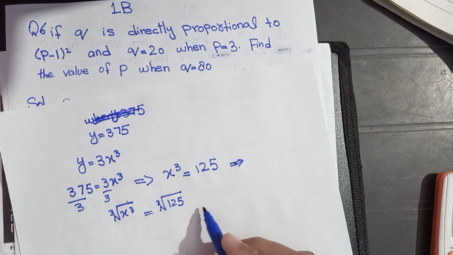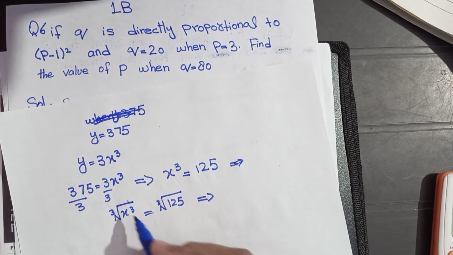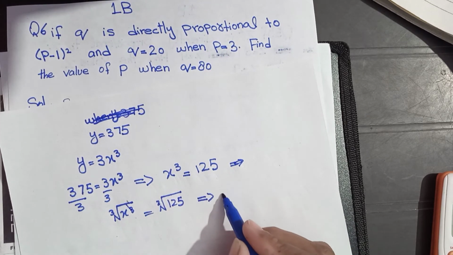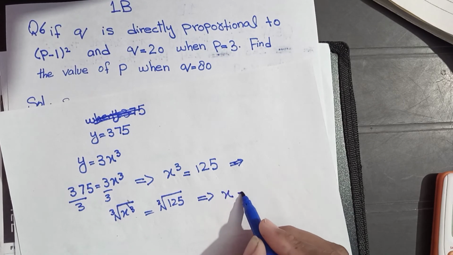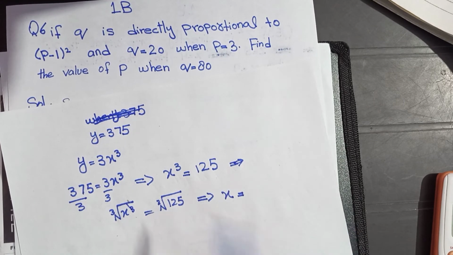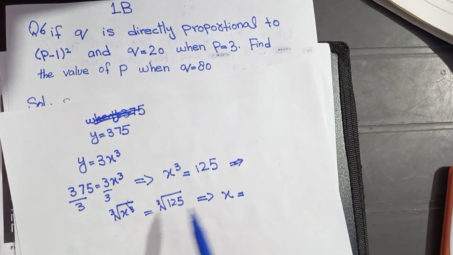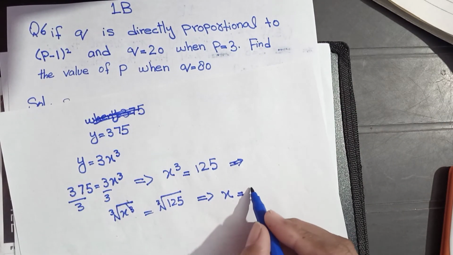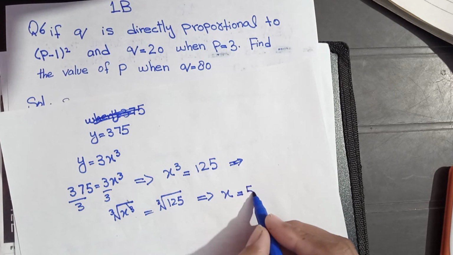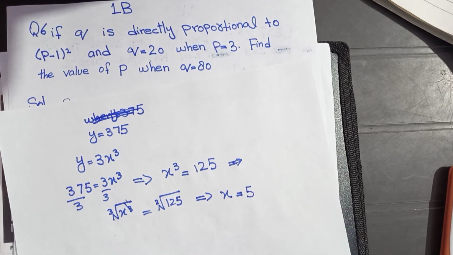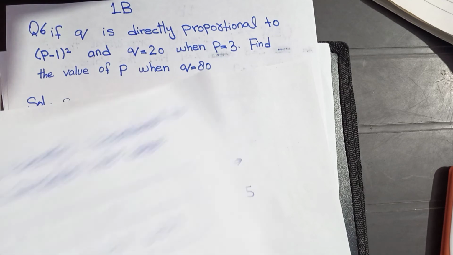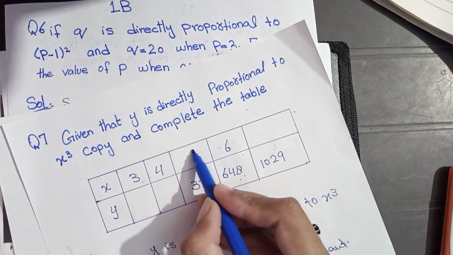So x is equal to the cube root of 125, which is 5. So here x is equal to 5.